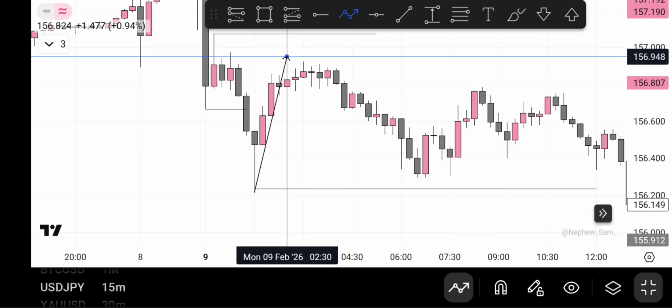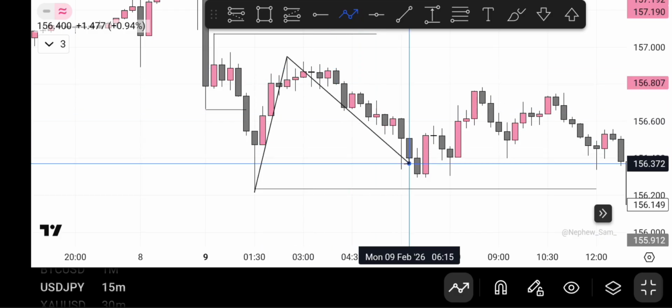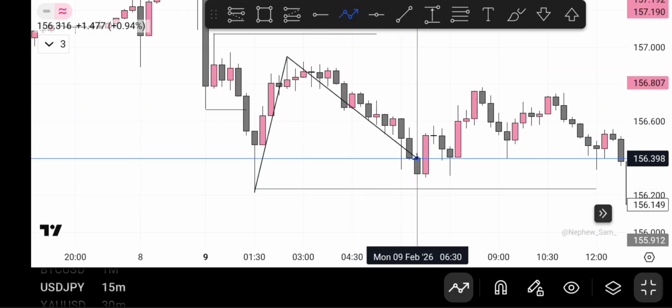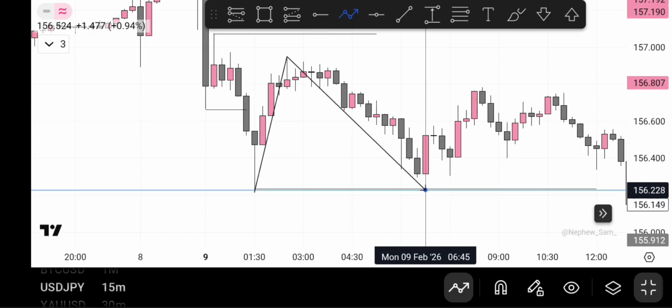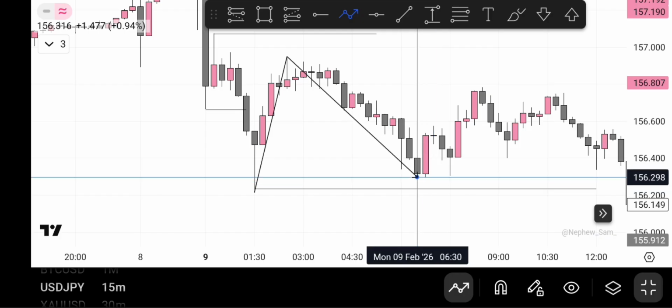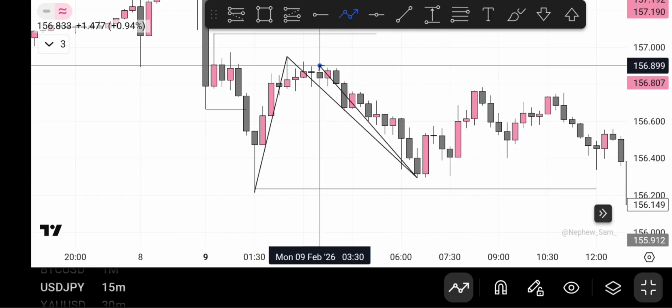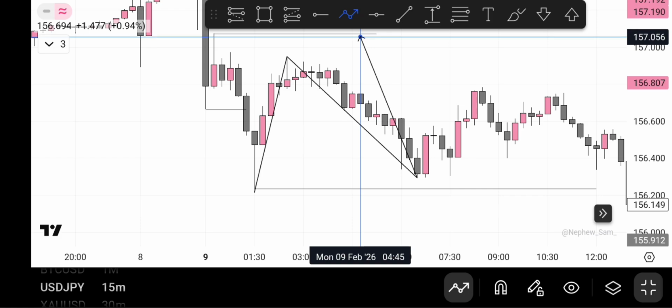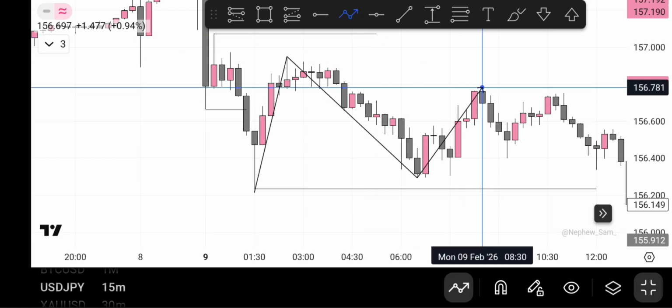It came to this extent, then started looking for a way to break this key level to give us a lower low, which is to tell us the trend is still continuing. But still, it went back. Still didn't take this key level out. Came here.